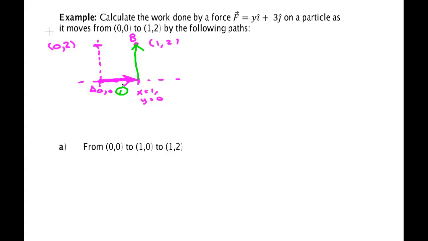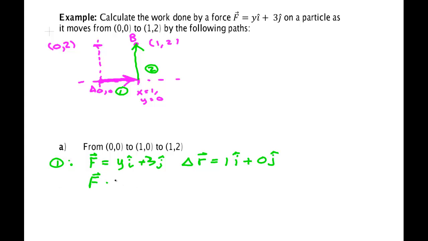I'll call this 1 and this 2. Alright, so the force is equal to y i hat plus 3 j hat. The displacement, delta r, for path 1, is equal to 1 i hat plus no j hat.